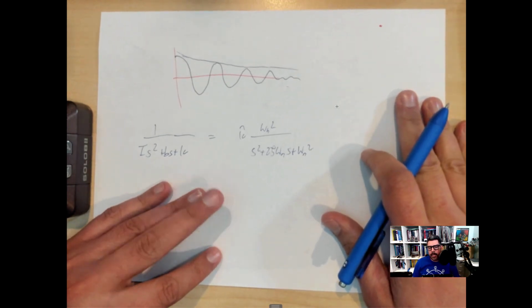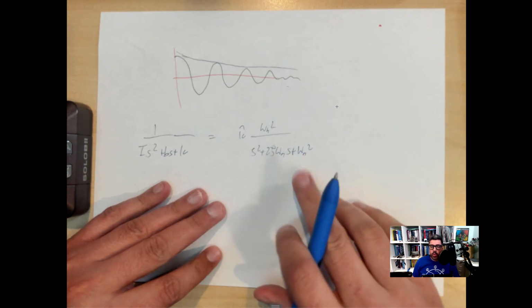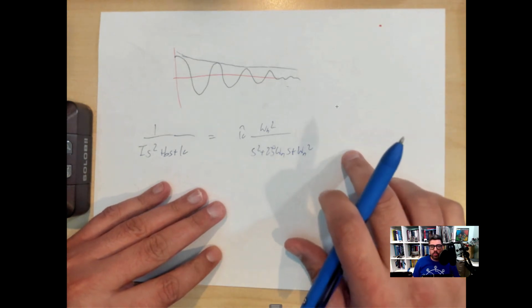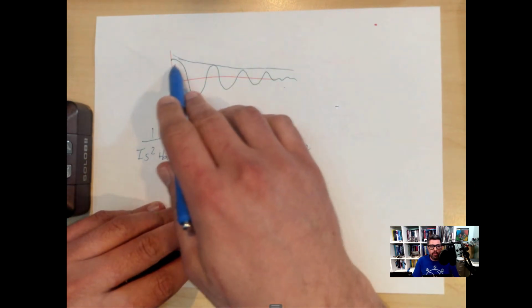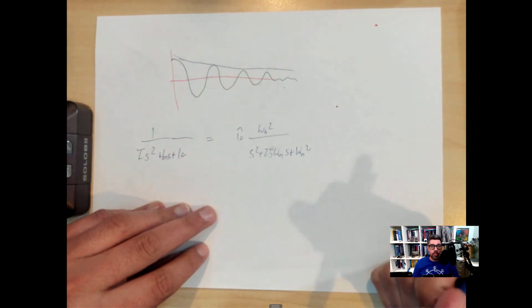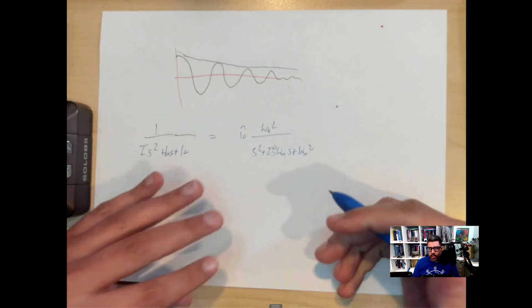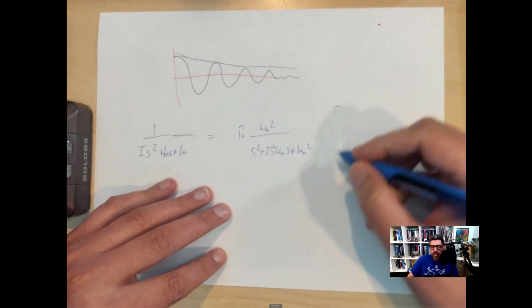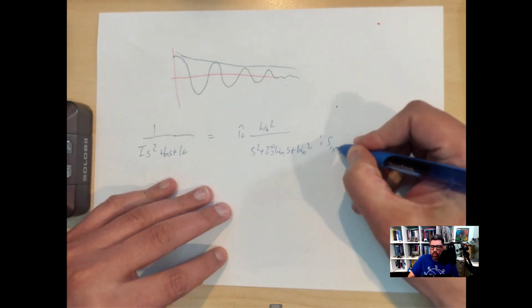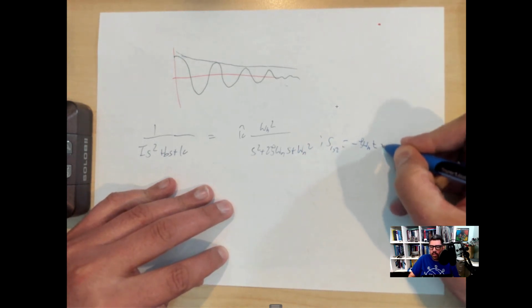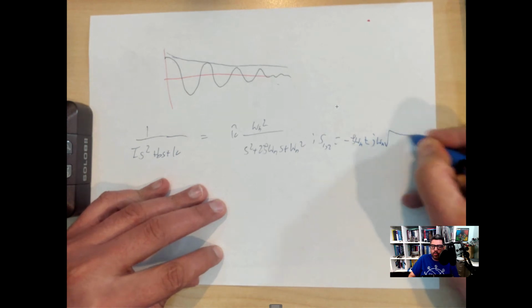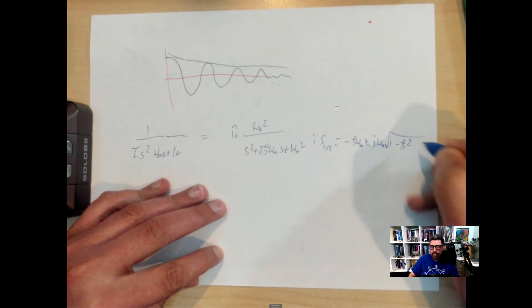And we showed that the pole locations, which tell you a lot about the response, also the initial value problem, are at s1,2 equal to minus zeta omega n plus or minus j omega n square root of 1 minus zeta squared.